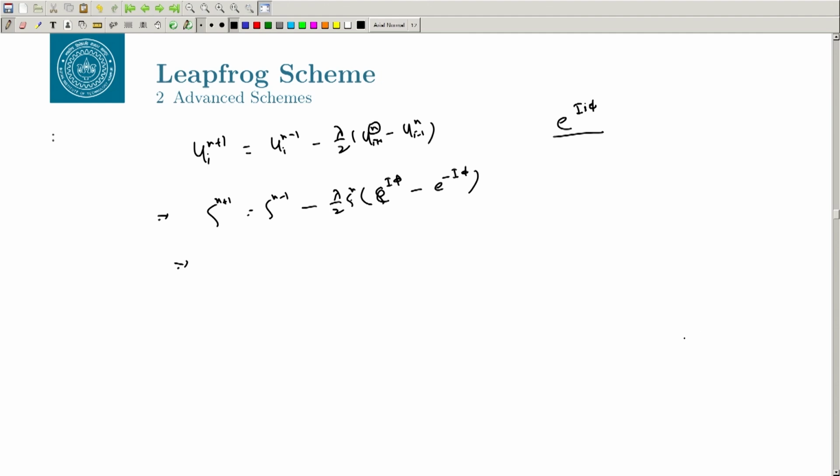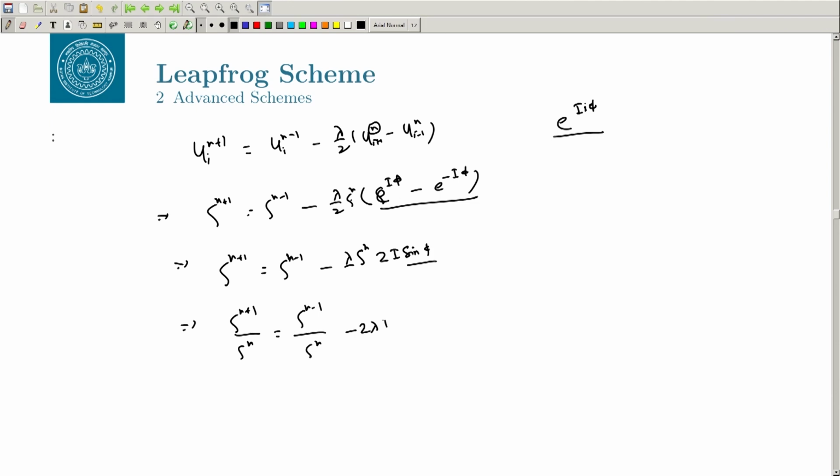Let us simplify a little bit more. What is this value? This is 2 I sin phi, right. Divide the entire thing by g^n, so that g^(n+1)/g^n = g^(n-1)/g^n - 2 lambda I sin phi, right.